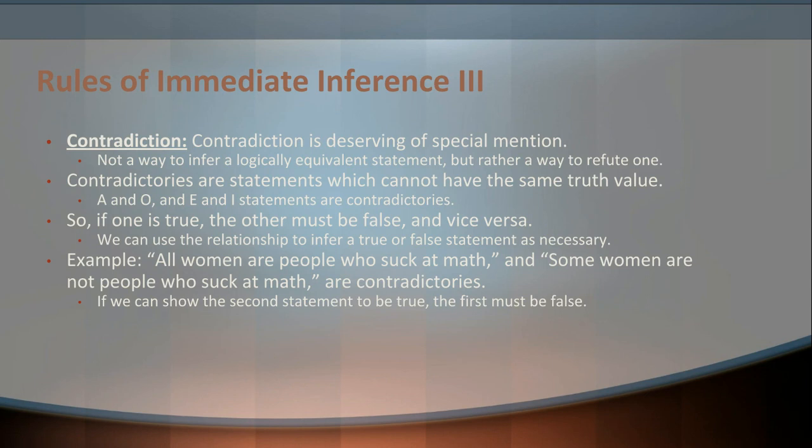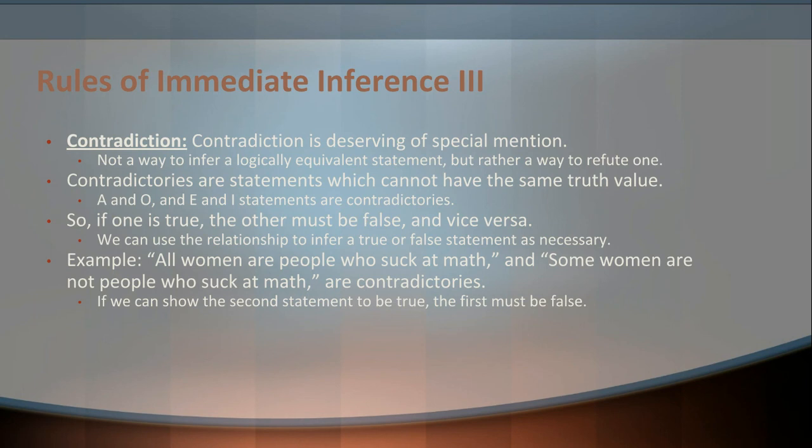Remember, contradictory statements are ones that cannot have the same truth value. So if we go back to that square of opposition, these are the ones on the opposite corners and go diagonal to each other. A statements and O statements, and E statements and I statements are contradictories. So if one's true, the other must be false, and vice versa.